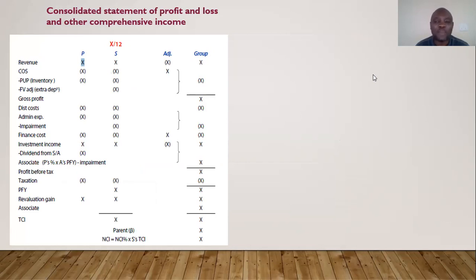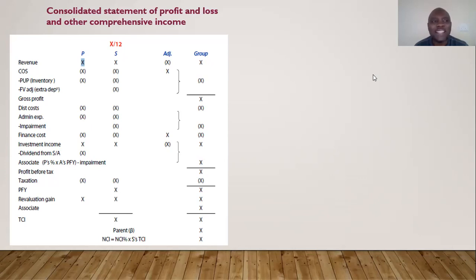So if you check for the parent company to be O, for the subsidiary, why we have put X divided by 12, we are only considering those months after acquisition. Whatever numbers you had in the income statement, you only get a proportion of that based on the post-acquisition months. So that is what happens.